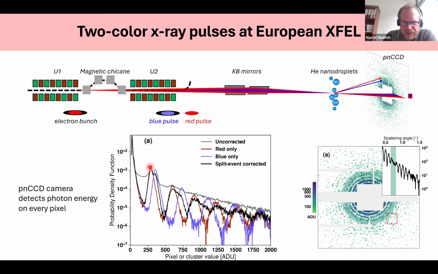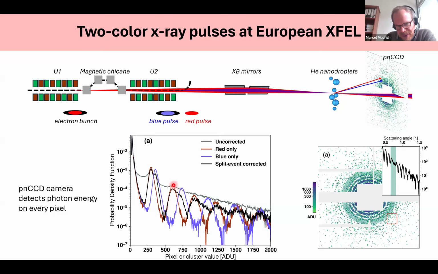That is exactly due to the fact that we have both red photons, which produce slightly less charge and give this first peak, and blue X-ray photons, which produce slightly higher charge. So we could more or less resolve which color the photons were that hit individual pixels. This is a histogram over all the pixels. And then, of course, in the central part there are some pixels where not only one photon but two photons hit the same pixel.